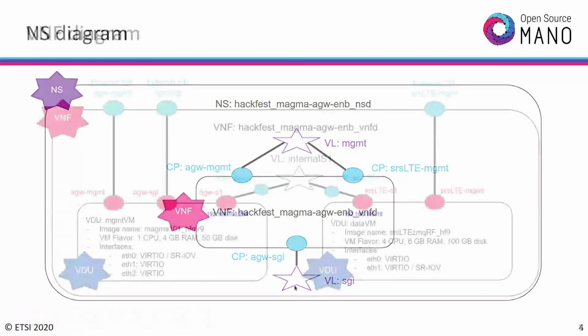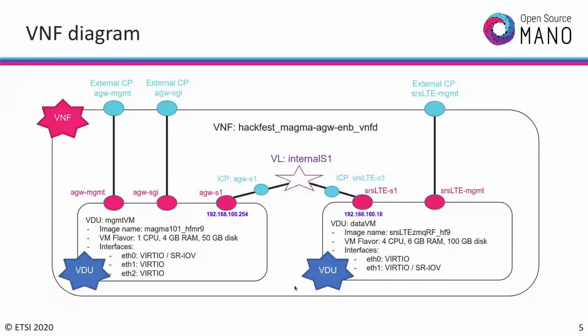And if we zoom in, if we double click into the VNF, we will see these three connection points exposed. One management goes to one VDU, the other management goes to the other VDU. So we have the access gateway to the left, the emulator to the right. And then we have this internal VLD, and a VLD is a network in NFV.